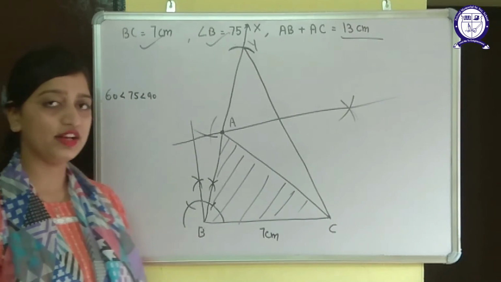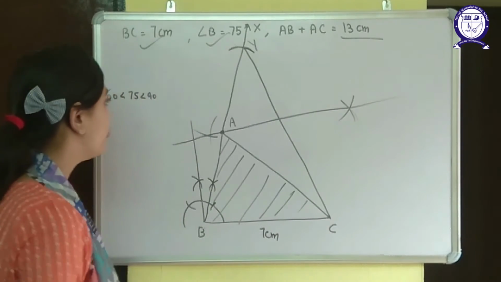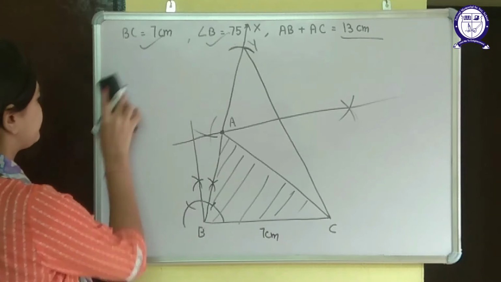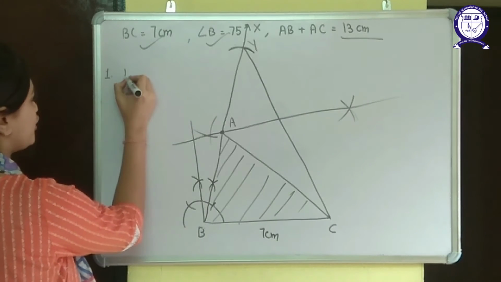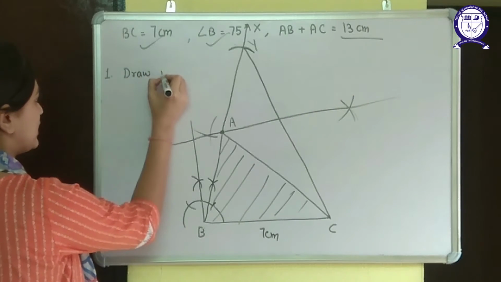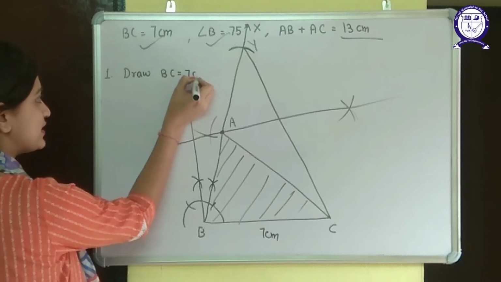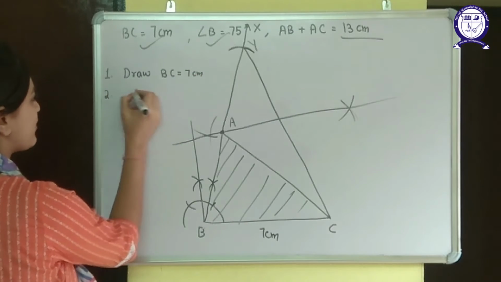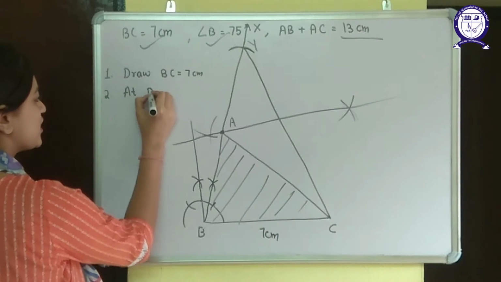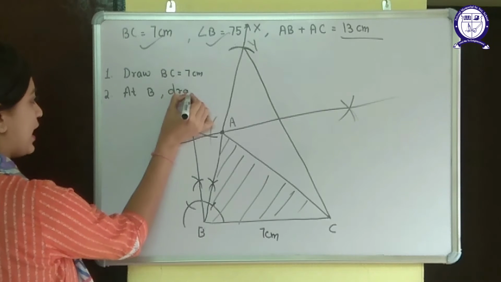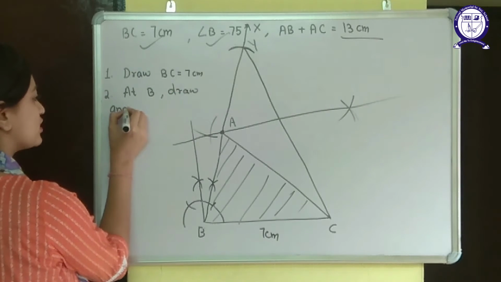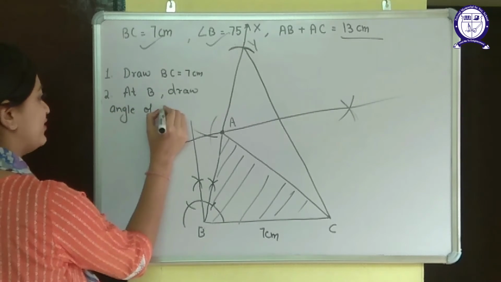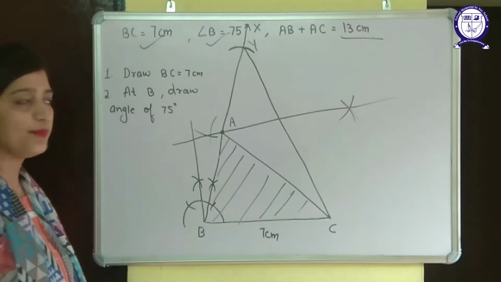Now we will write the steps of construction. The first step was draw BC equals 7 centimeter. The second step was at B draw an angle of 75 degree. This was the easier part.